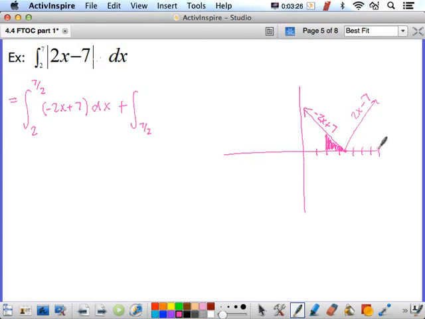Right? Okay, so that's 7. So now I'm going to calculate this area from 7/2 to 7, and that would be of 2x minus 7. It's tedious because you are doing two separate definite integrals, but that's basically the way absolute value is going to work every time. You're going to have to break it into pieces each time it changes shape.